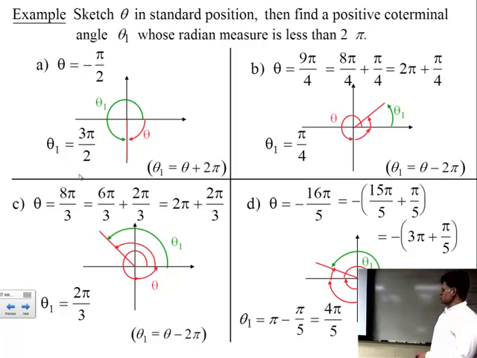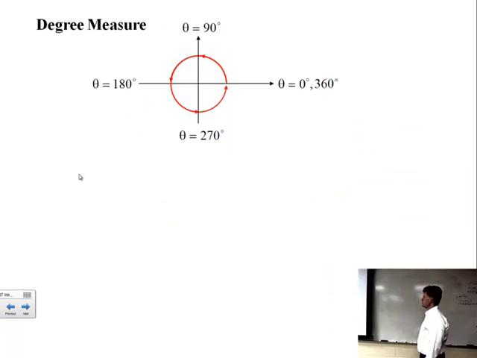And how many revolutions do these differ? 4 pi. So 2 complete revolutions. Questions? This is pretty basic. All right. Anyone think it's not basic? You can tell me in private if you're ashamed.